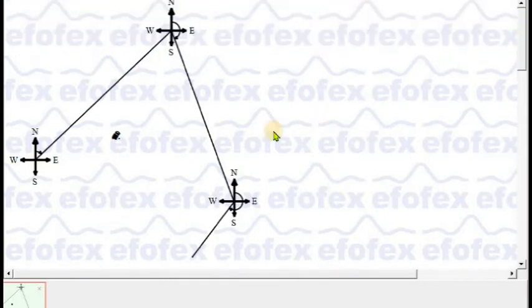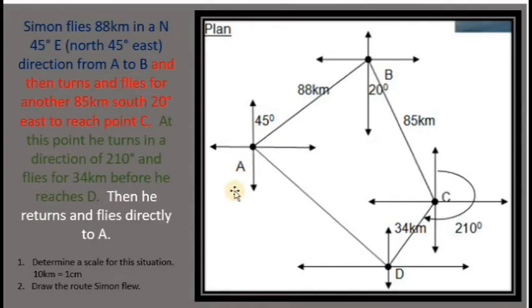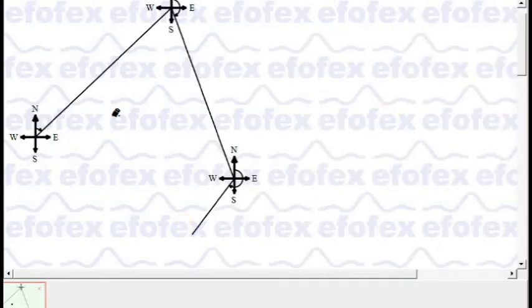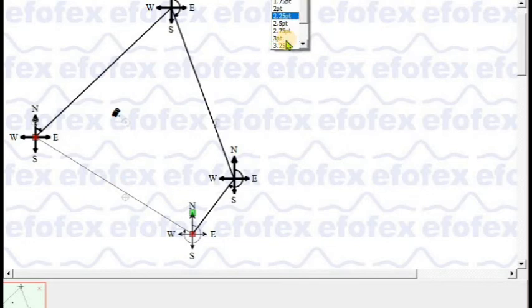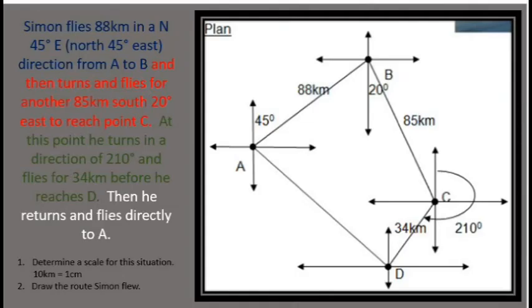Okay, so now we have A, we have B, and we have C, and now we are going to have D. And our information tells us then he turns and flies directly back to A. So here we know if we put our compass from here, he flew directly back to A. So now we have our A, and they flew to B, C, D, and back to A. Just remember that you have to put in all the angles and you have to put in all the distances.